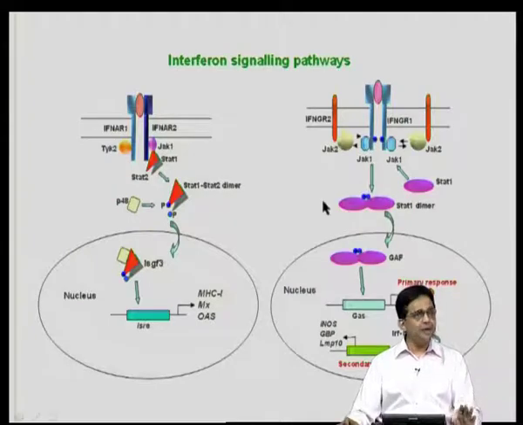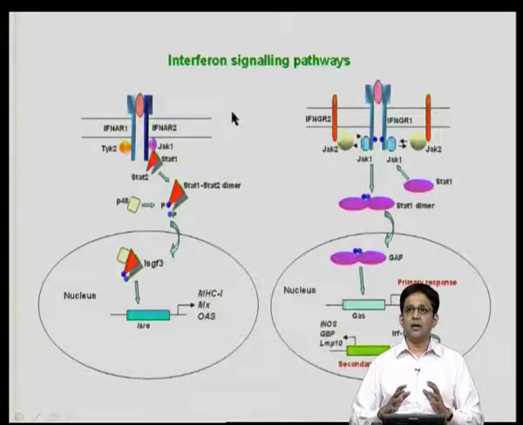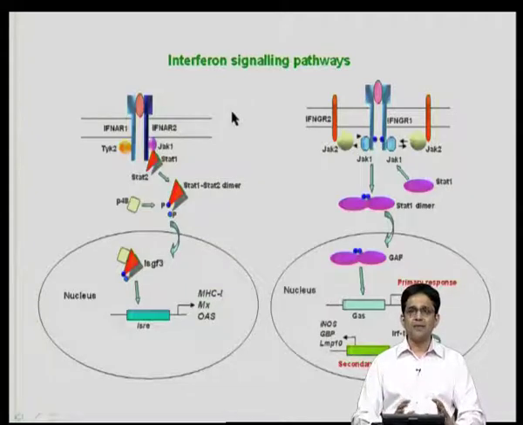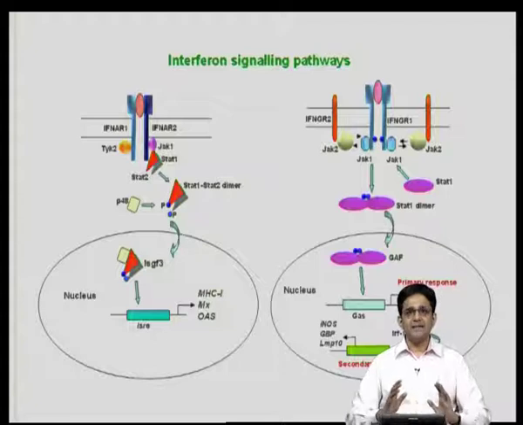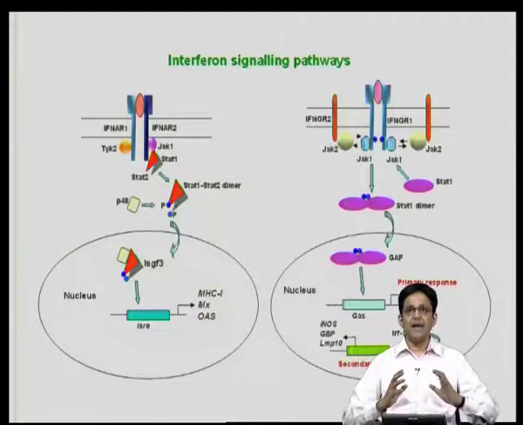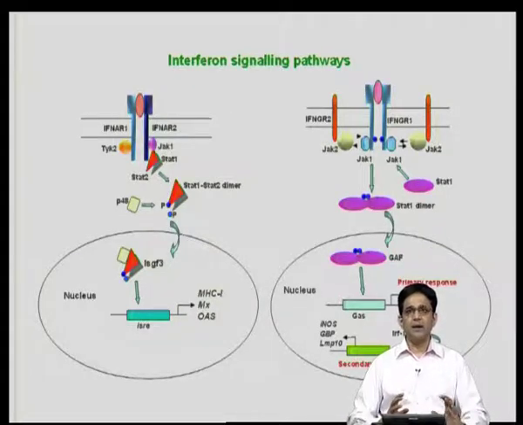Okay. A little bit about their signal transduction pathways. What is shown over here is the type 1 signal transduction pathway, and interferons function through what is known as the JAK-STAT pathway. JAK stands for Janus kinase, a tyrosine kinase, and STAT is signal transducer and activator of transcription.